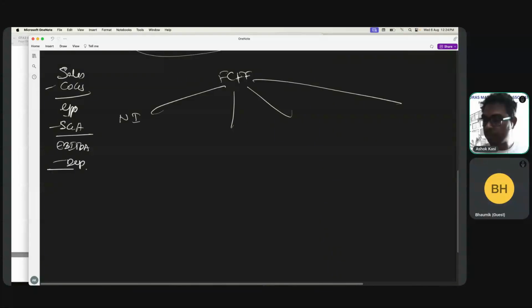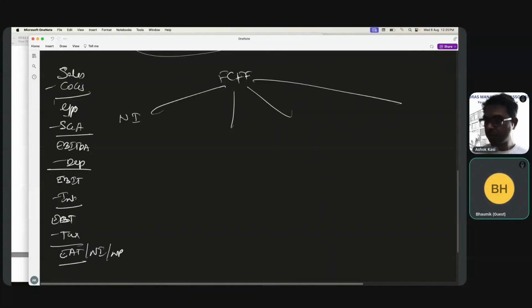Then minus depreciation, EBIT, minus interest, earning before tax, minus tax, earning after tax, which is net income or net profit. Now from here, when I look back, I want only cash transactions. So net income to the firm. When I say firm, I'm including equity plus bond, both.